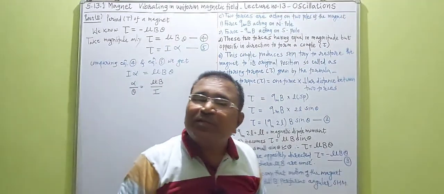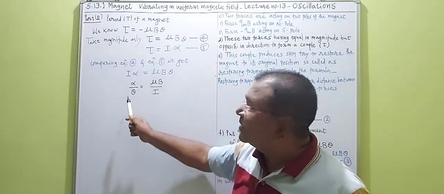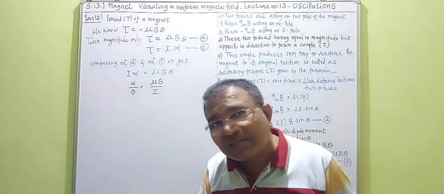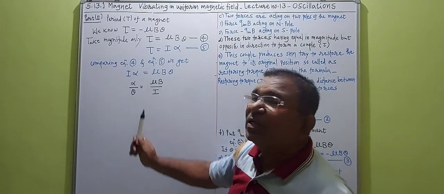What is alpha upon theta? Alpha is angular acceleration and theta is angular displacement. So this is angular acceleration per unit angular displacement.